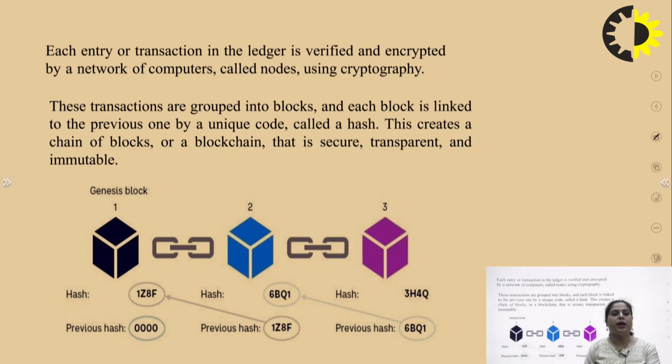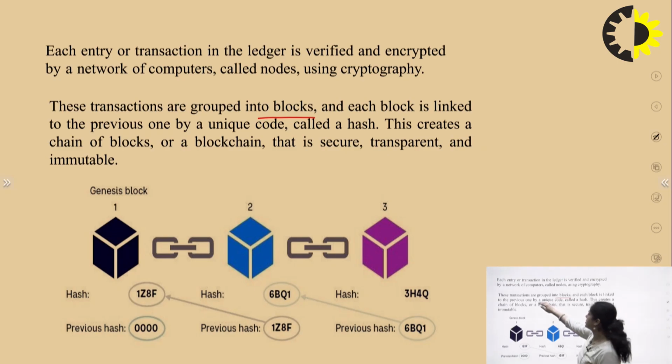The receiver uses his private key for the decryption of the message. These transactions are grouped into blocks, and each block is linked to the previous one by a unique code called the hash.